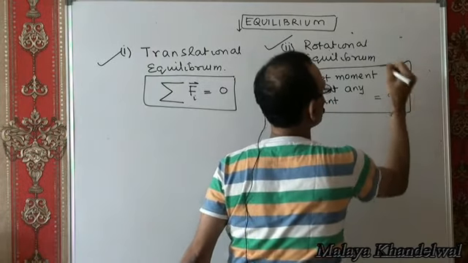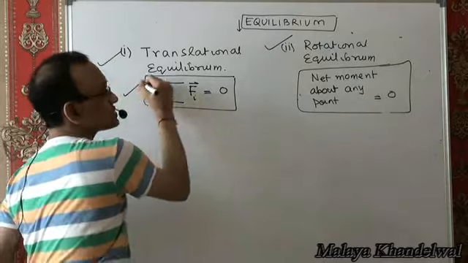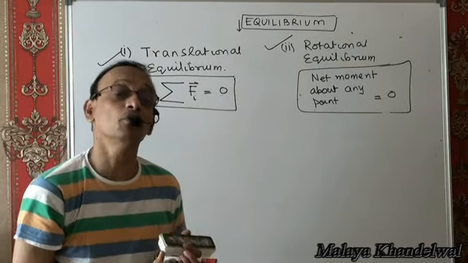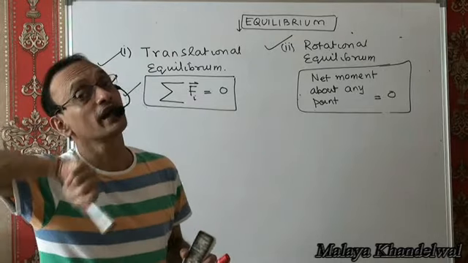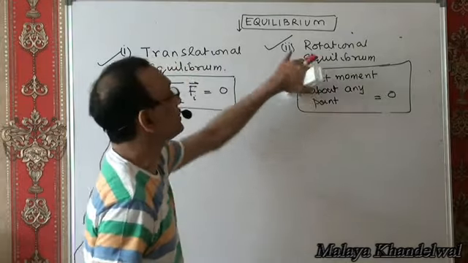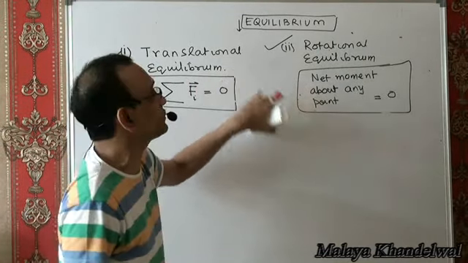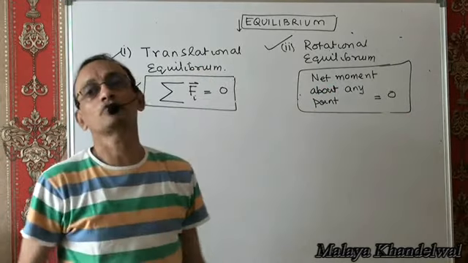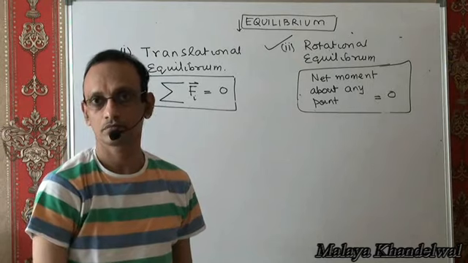If a body is in a state of total equilibrium, and the net moment about one point is 0, then we can show that the net moment about any other point will also be 0. So you can take moments about any point in the event of rotational equilibrium, subject to the presence of translational equilibrium. That's guaranteed.